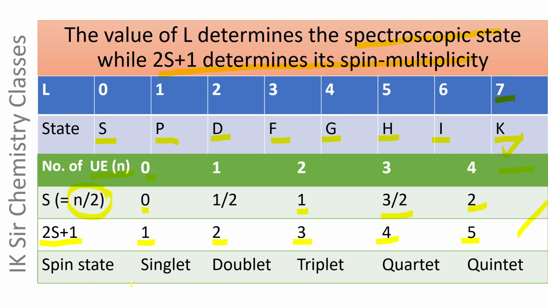If 2S+1 is equal to 1, the spin state of the spectroscopic state is singlet, 2 for doublet, 3 for triplet, 4 for quartet and 5 for quintet. Singlet, doublet, triplet, quartet and quintet, these are the spin states of the spectroscopic states.